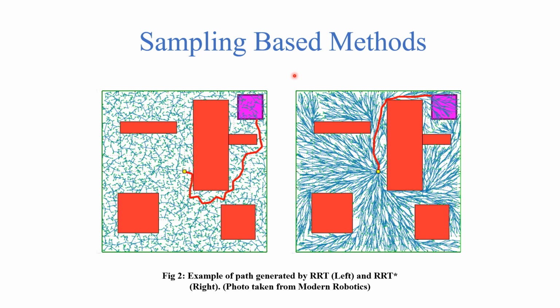That is, as the number of nodes tends to infinity, we are guaranteed to find an optimal path between the start and the goal. We also mentioned that this figure right here on the right shows a characteristic shape of the edges of the RRT star tree, in which we can see that most edges are now straight lines because they're trying to minimize the total length.